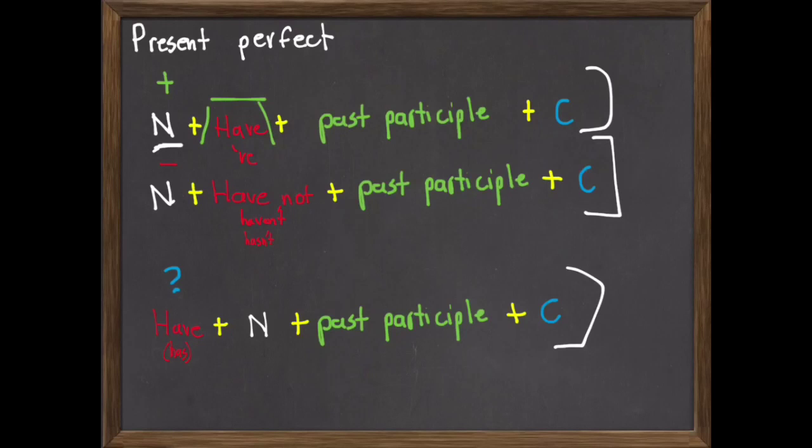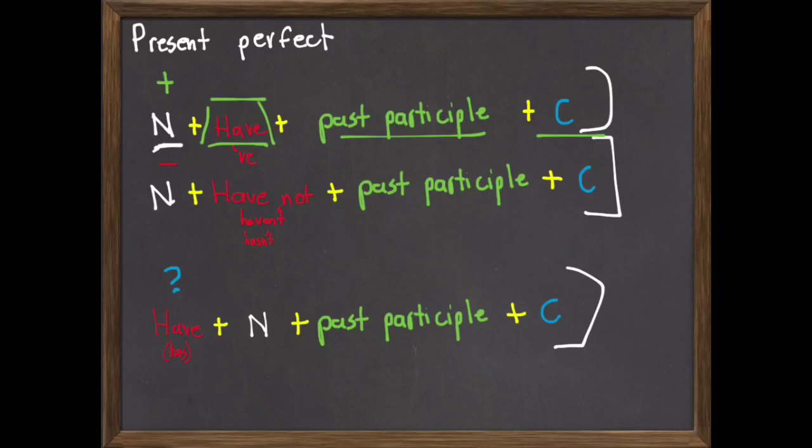So up to today, those experiences have or have not happened in the past. As I was saying, the formula for the positive form is the noun, the auxiliary verb to have, the past participle, and then the context or the complement of the sentence.